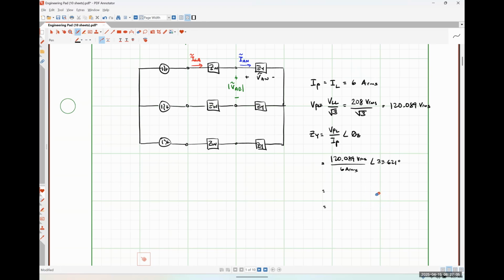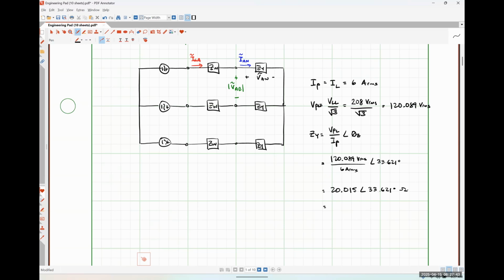All right. So 208 divided by root 3. I'm going to store that in my calculator as y. So y over 6 with an angle of x, 20.0148, so 20.015 with an angle of 33.621 degrees ohms.